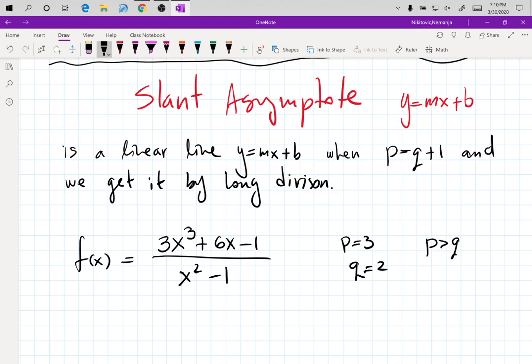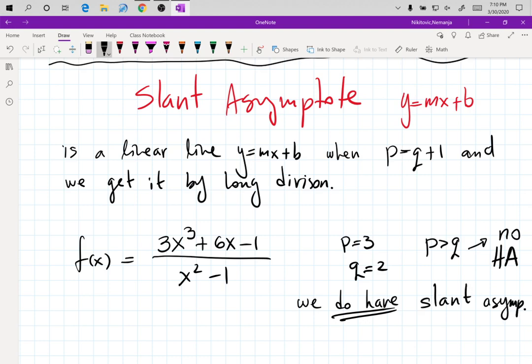P bigger than Q means no horizontal asymptote. But because they are just 1 apart, we do have slant asymptote.